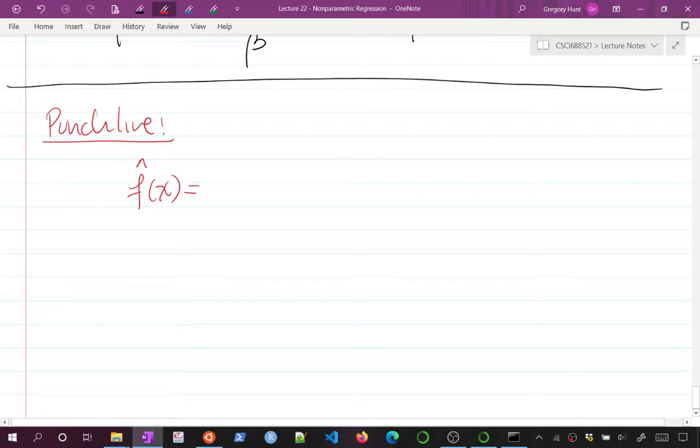I'm going to estimate this as the minimizing value over, let's just call it theta, and we're assuming here that x is just one-dimensional for now. What if I were to minimize this?